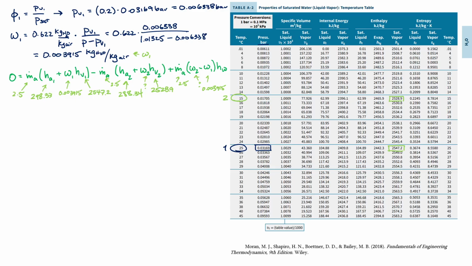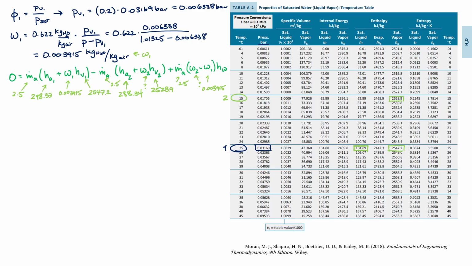We're going to go ahead and assume that the temperature of our water is the temperature at our 25 degrees Celsius initial. So we're going to go ahead and grab the saturated enthalpy of our water, assuming that it's not changing much from the saturated value, even though it's probably not at the saturated water state.